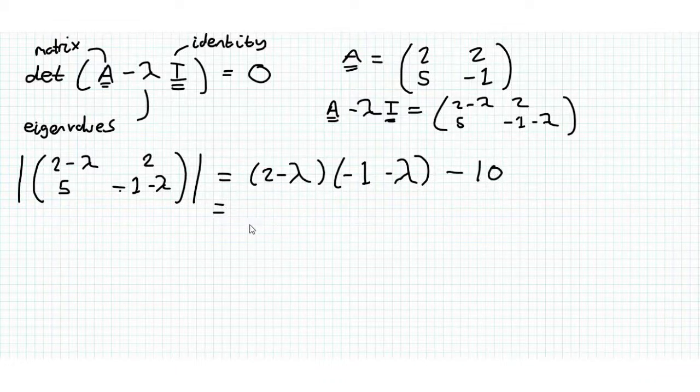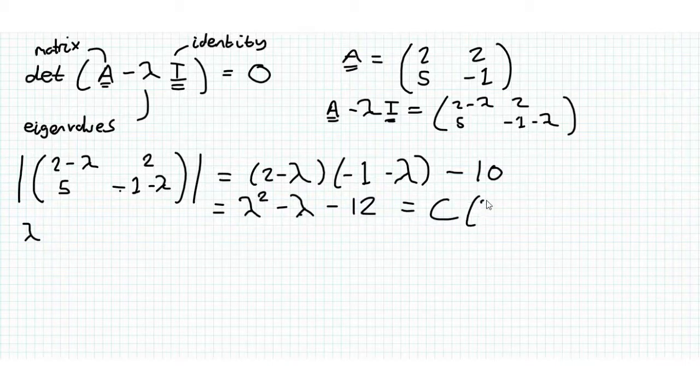And that comes out as equal to lambda squared minus lambda minus 12. To find our values of lambda, we want to solve this equation, which is this polynomial, and this polynomial we call C of lambda, by the way.